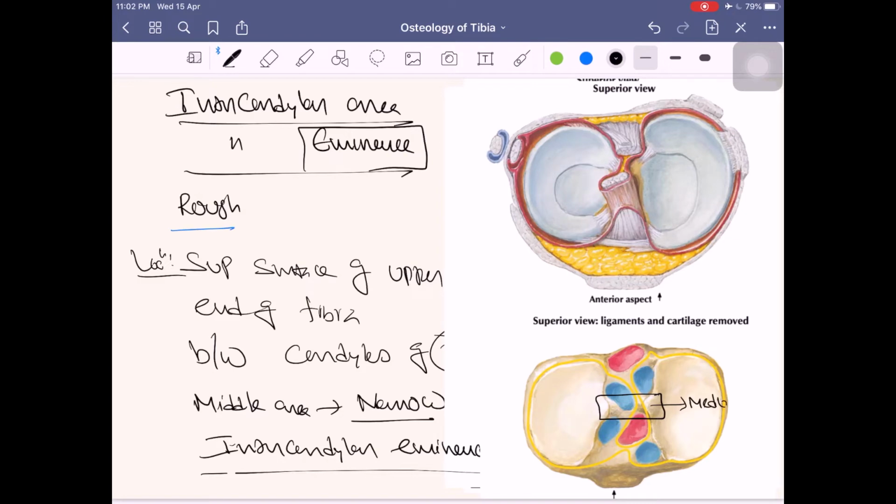This one is your medial intercondylar tubercle, and in the same way this elevation is the lateral intercondylar tubercle. Now there is an area behind this, and an area in front of this. This we call the anterior intercondylar area, and this the posterior intercondylar area.